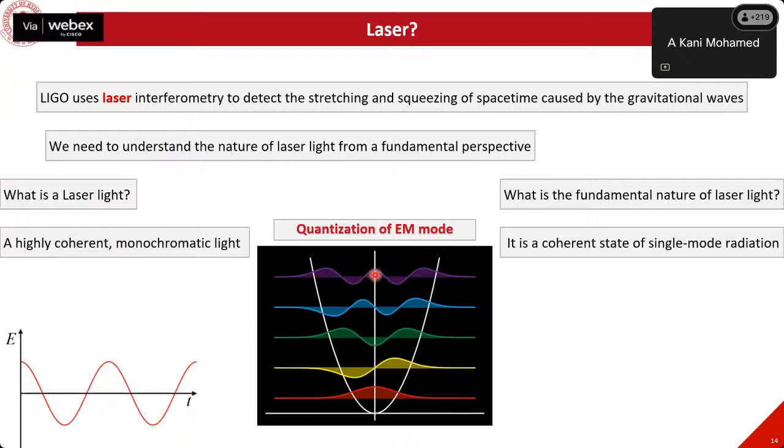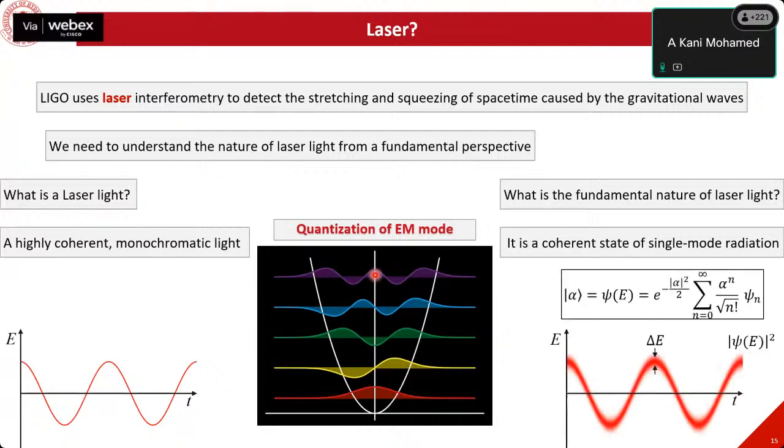So according to quantum mechanics, laser light is nothing but a superposition state following a Poissonian distribution, and this is named a coherent state of a single mode radiation. This is the classical dynamics of the electric field of the electromagnetic wave. But to understand the physical significance of this coherent state, we have to plot the probability density for the electric field as a function of time.